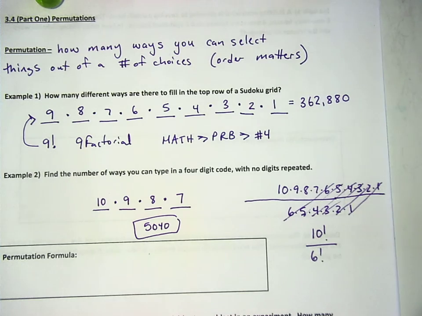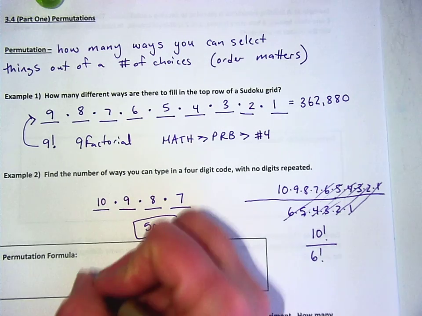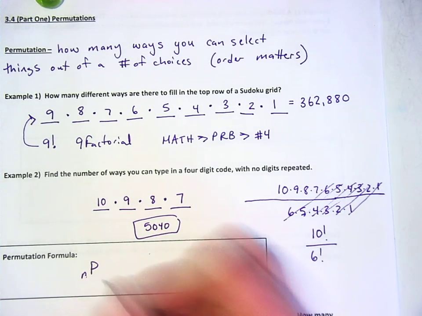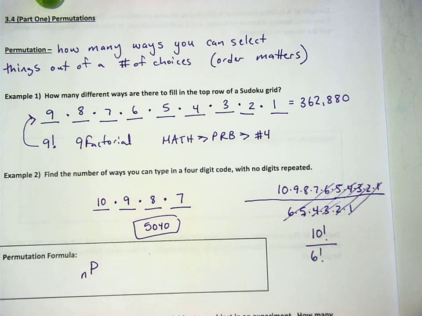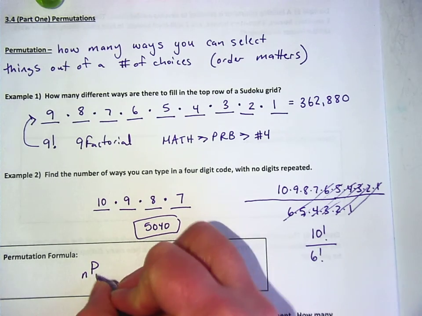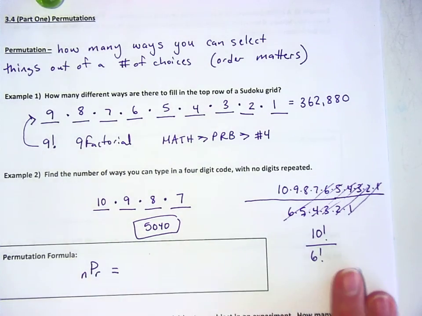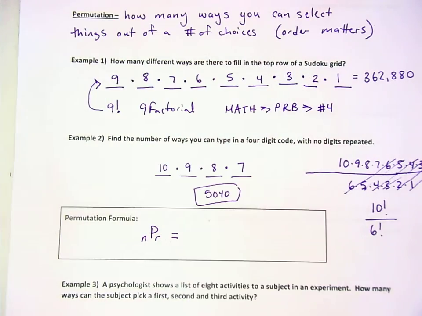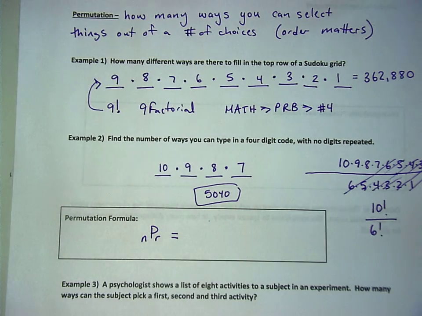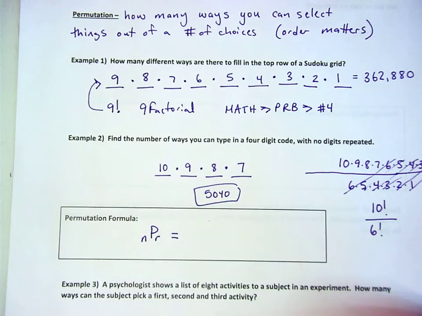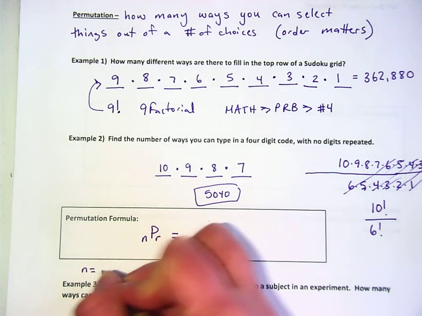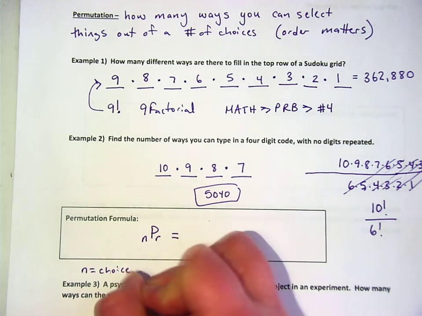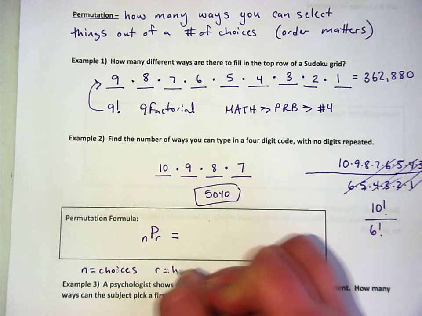There we go. All right, so a permutation is nPr, where n is like all the choices you have, and r is how many you want.